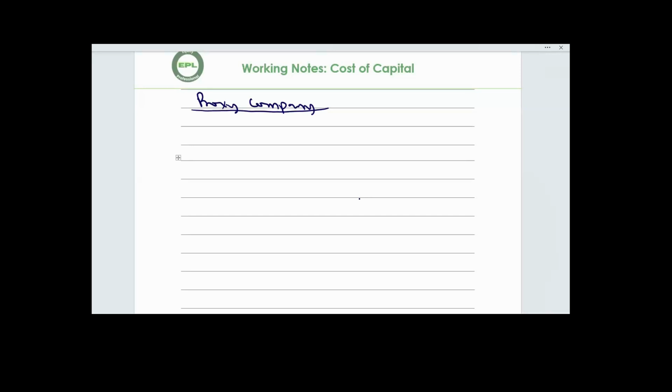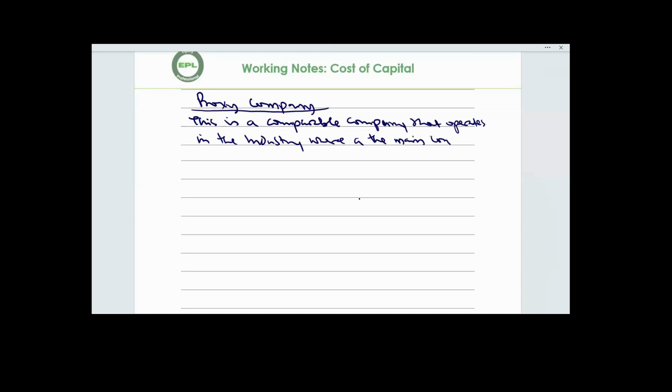So let's put it down. Proxy company, this is a comparable company that operates in the industry where the main company is moving to.